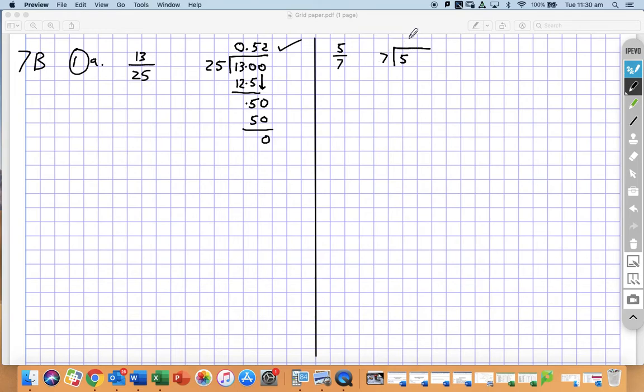So 7 doesn't go into 5, but it will go into 50, and it will go into 50 7 times. 7 times 7 is 49. 50 minus 49 leaves you with 1. 7 doesn't go into 1, but it does go into 10, one time. 1 7 is 7.